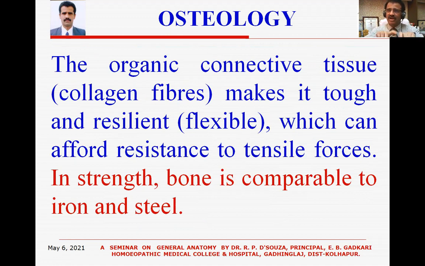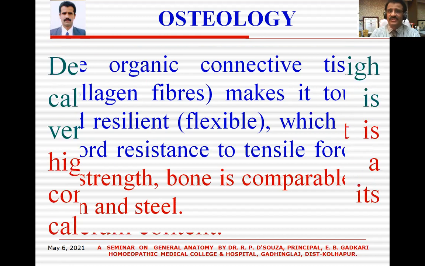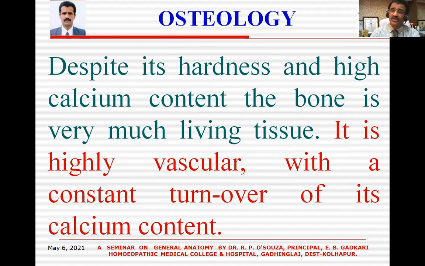They are not flexible like rubber, but they are flexible if a sustained tensile force is applied to them. In strength, actually bone is comparable to iron and steel, but iron and steel are not living tissue.